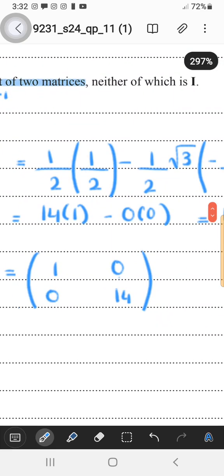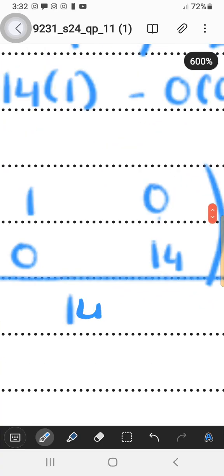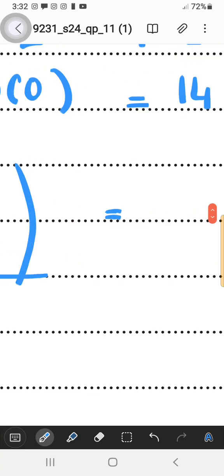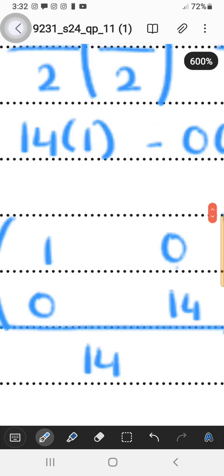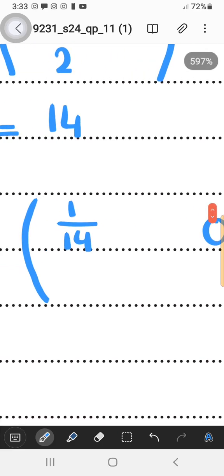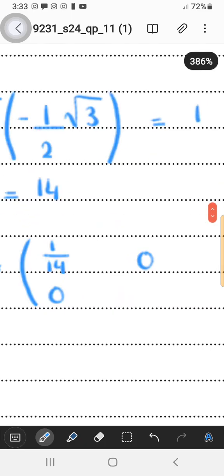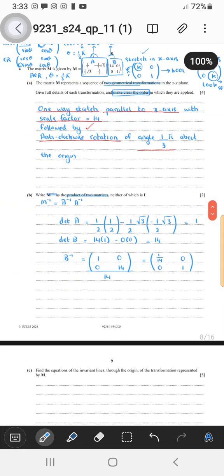And then we will divide it by determinant of B. Determinant of B is 14. So we get B inverse as 1 divided by 14, 0 divided by 14, 0, 0 divided by 14, 0, and 14 divided by 14 as 1. This is our B inverse.